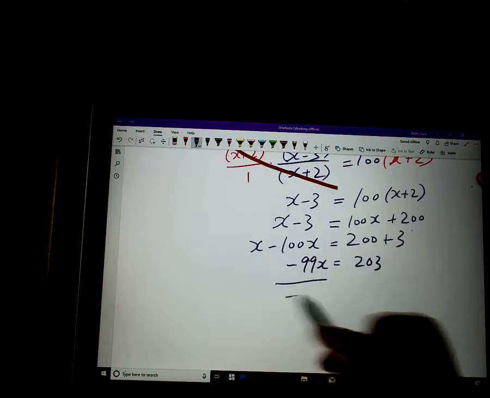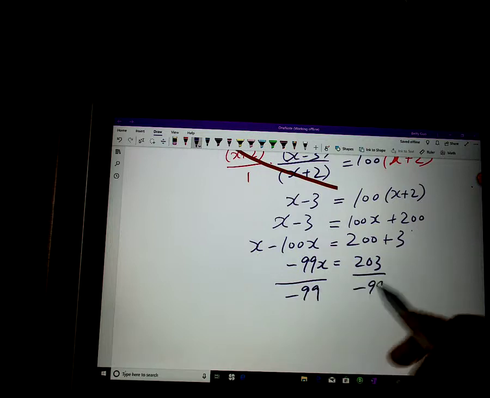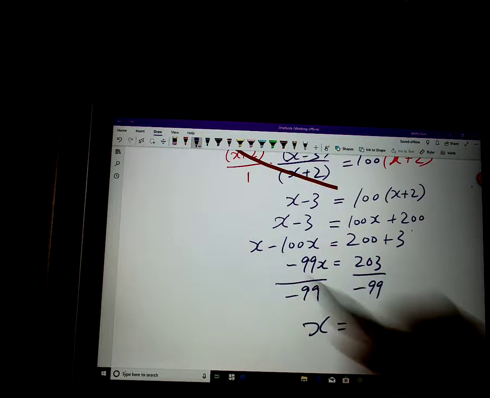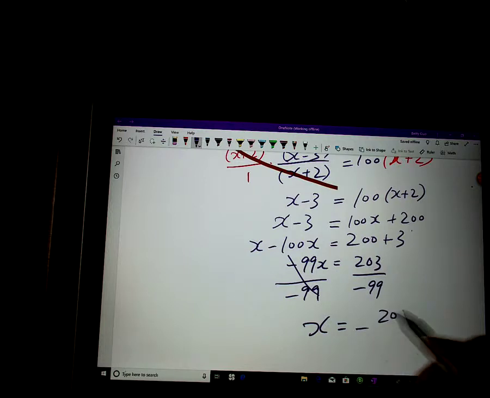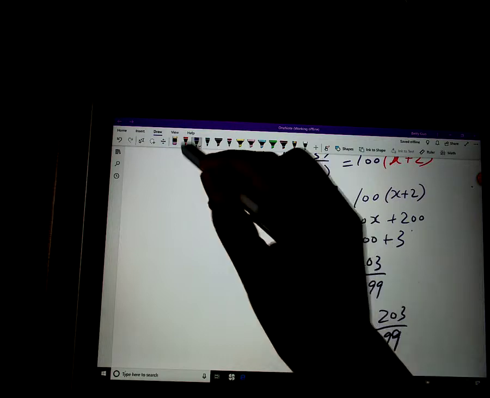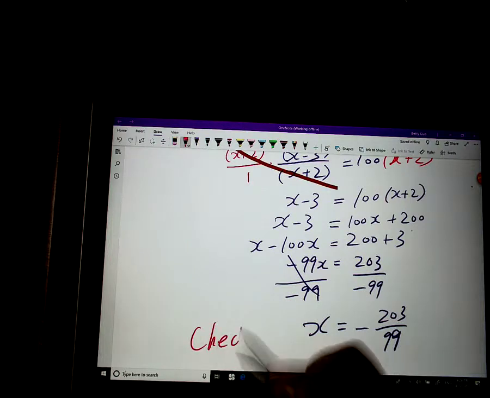Divide both sides by negative 99. I have x equals negative 203 over 99. Turns out our proposed solution is negative. What's the last step before you wrap up?